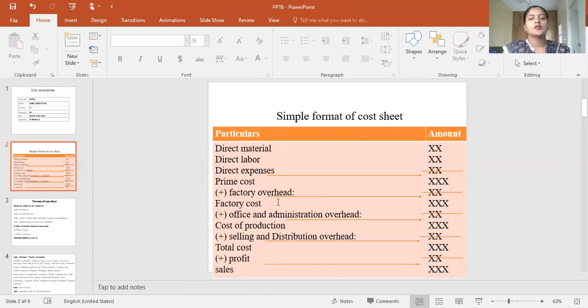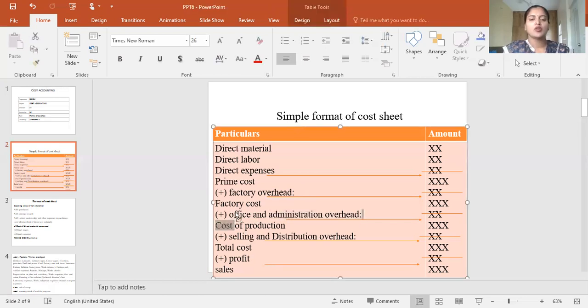Now, after taking the factory overheads, we are going to get the factory cost. So after compiling all the expenses, we get the factory cost. After that, the next one is the office and administration overheads.